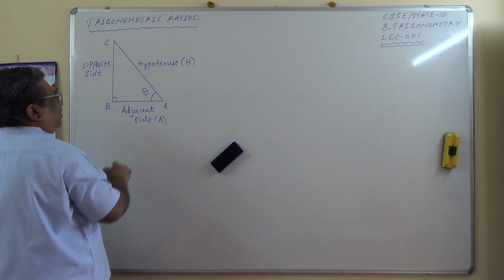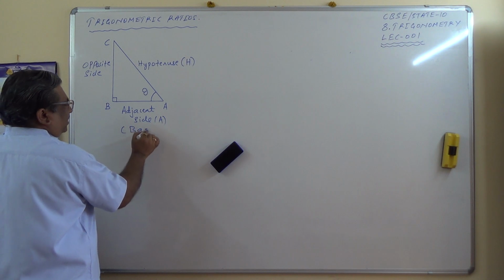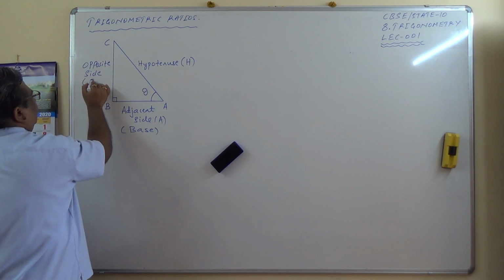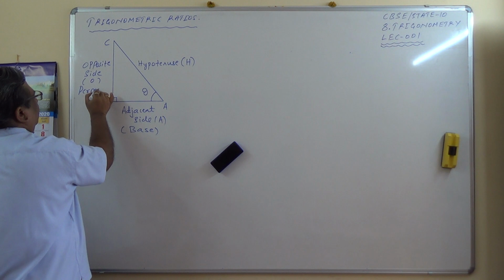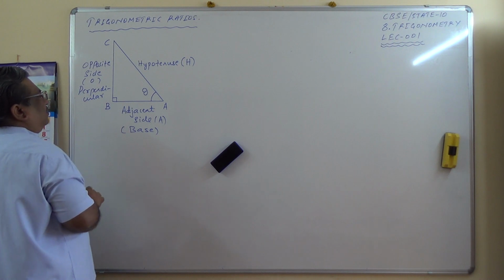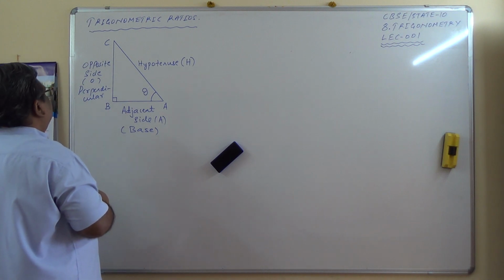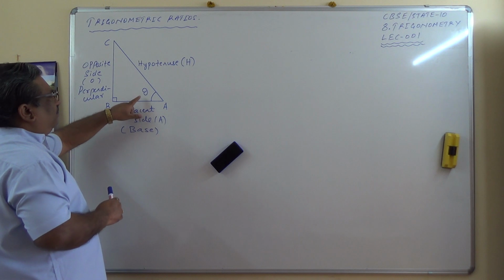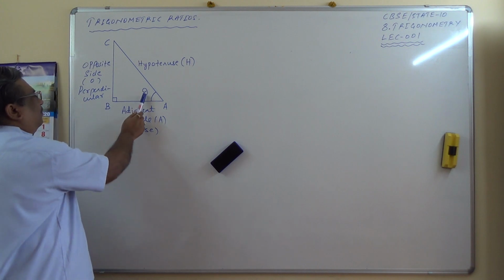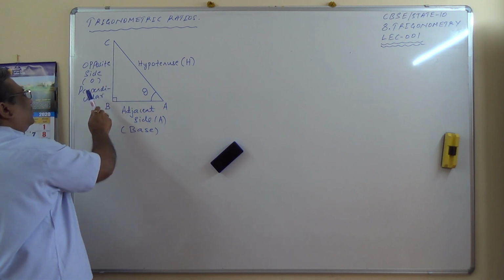What is the base and perpendicular? Adjacent to theta is the base, or the adjacent side itself is called a base, and the opposite side can be called O or perpendicular.